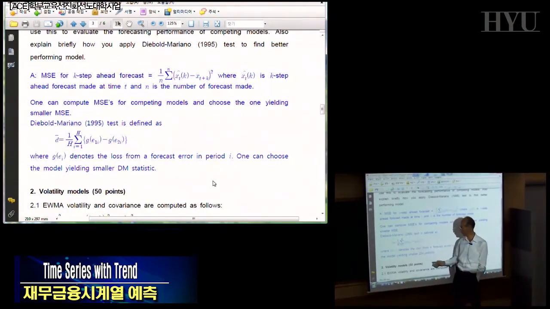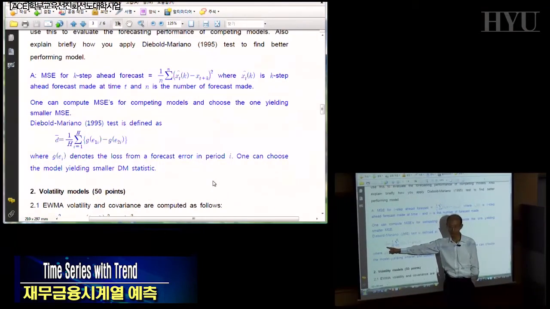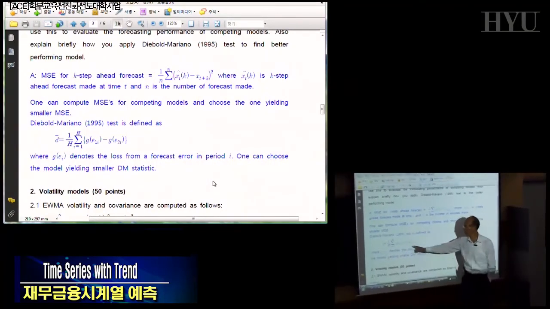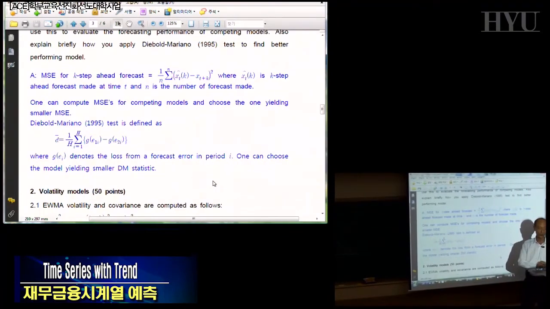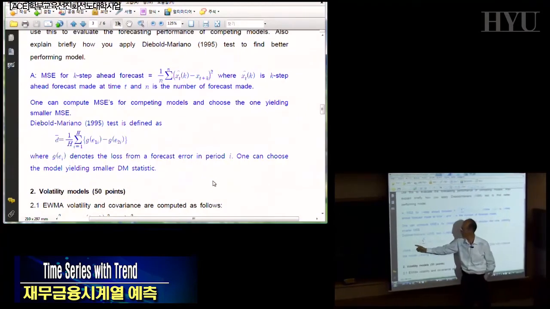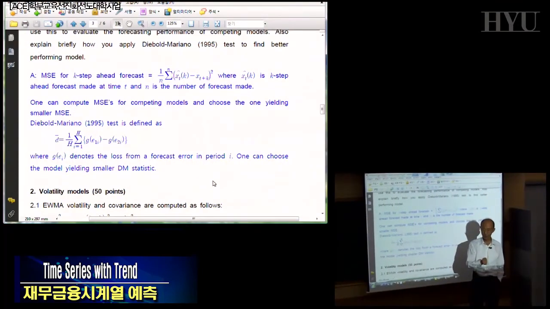The g function is technically called a loss function, and then take the difference and then calculate the average difference. Okay, and if one of these two models generates small error in terms of test result, then that model is preferred.